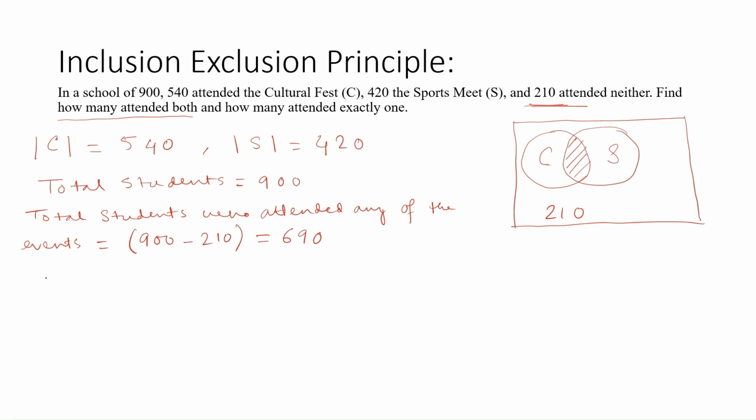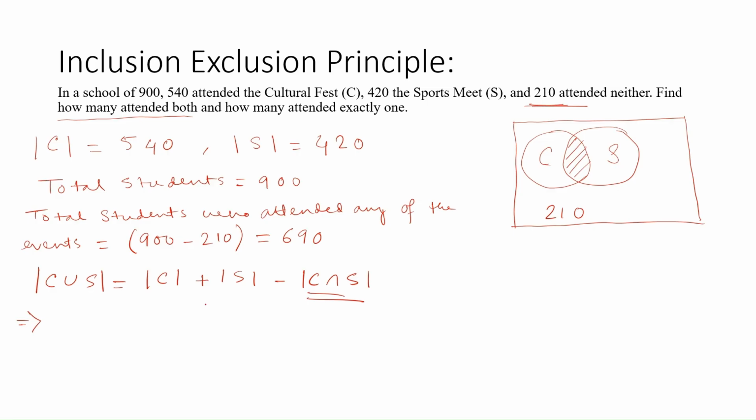So what we know is that C union S, that means union of two sets, is equal to set C plus set S minus intersection of set C and S. This is the required region.